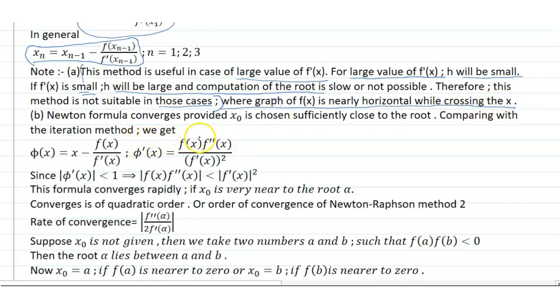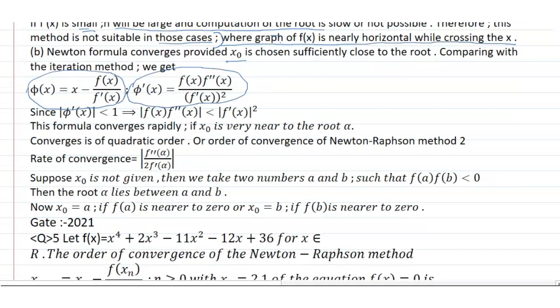Newton's formula converges provided x0 is chosen sufficiently close to the root. Comparing with the iteration method, we get phi(x) equal to f(x) divided by f dash x, and phi dash x equal to f(x) f double dash x divided by f dash x whole square. In the case of iterations, you have to remember mod phi dash x less than 1.